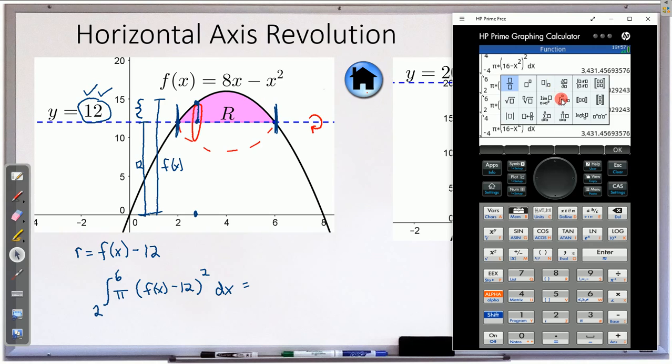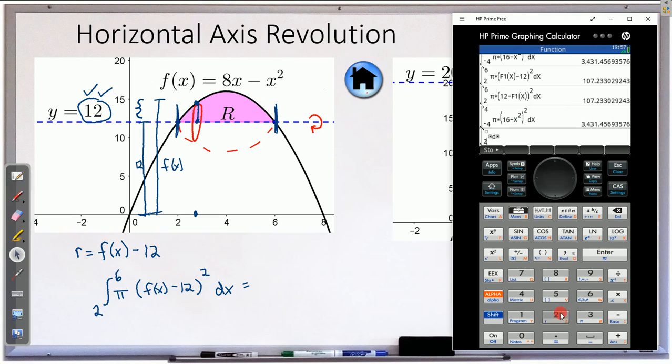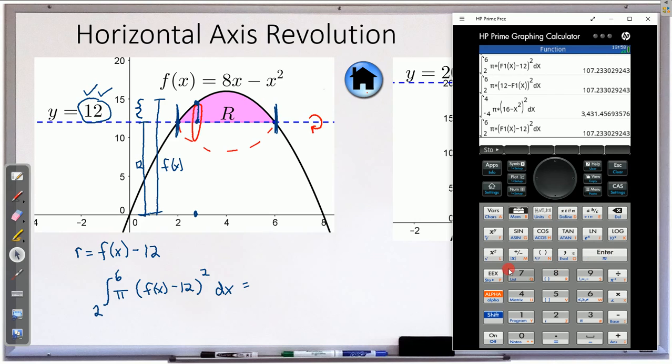So the integral from 2 to 6 of pi, make sure you hit the times, parentheses, f1 at x, go out of the f parentheses, minus 12, and then don't forget to square it after the parentheses, and dx. Hit enter and you get 107,233 is our volume.